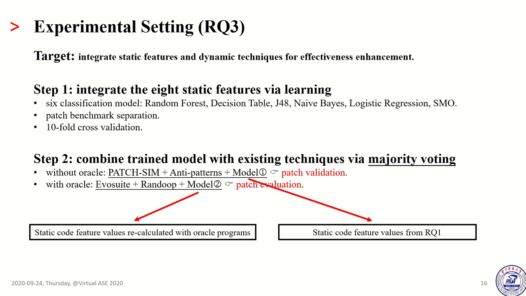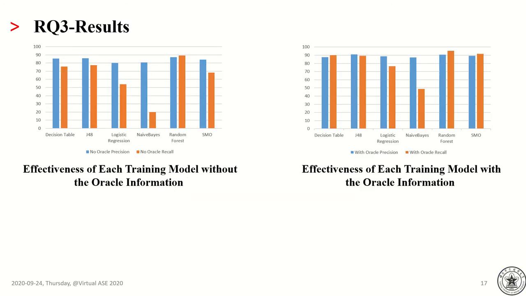Note, we also conduct another experiment to leverage the oracle information for calculating static features when integrating the model with techniques that require the oracle information. These pictures show the results of our model to integrate all the static features via learning. We make the following observations.